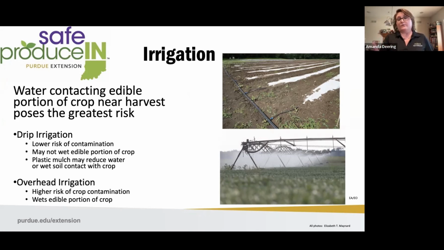But if you use overhead irrigation, like the bottom picture, the water's touching everything. So if you're having to use surface water, overhead irrigation isn't the best, because it's going to get everything wet. And especially if it's the harvestable portion of the crop, that's where you could cause the highest level of contamination.